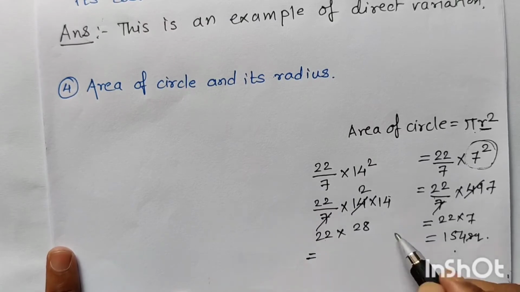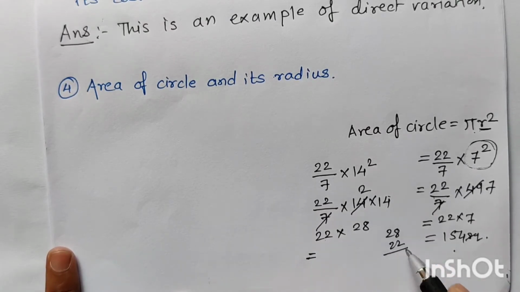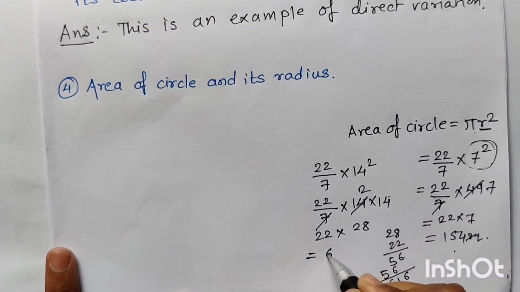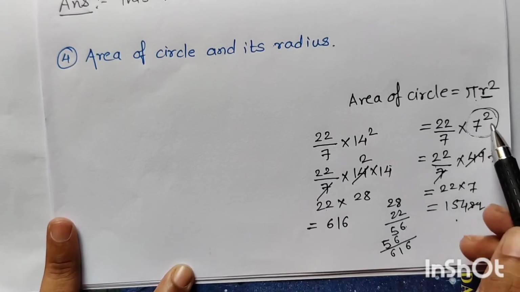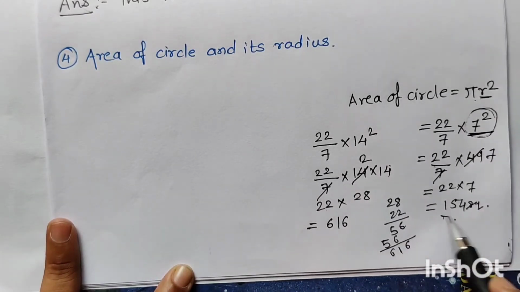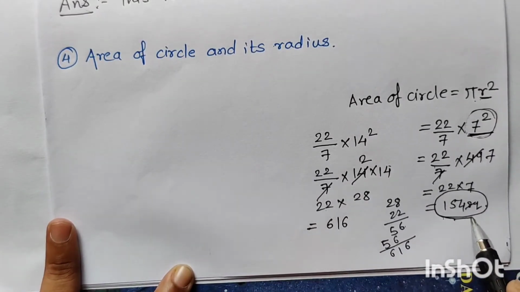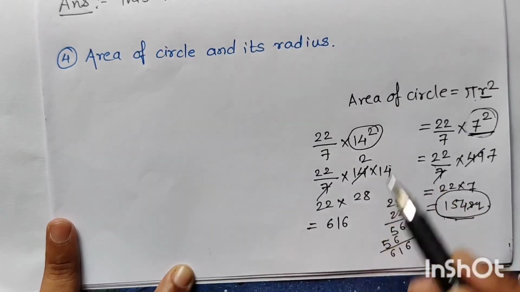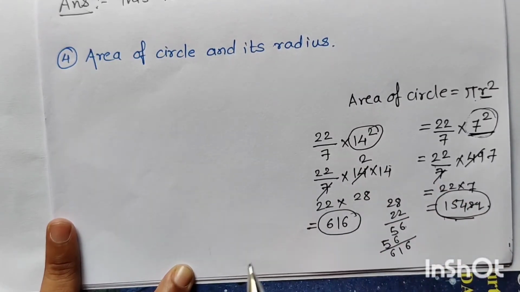Find out the answer. 28 into 22, 2 8s are 16, 2 2s are 4, plus 156, 56. So we are getting 616. Correct? So when the radius is 7, we are getting area 154. When the radius is 14, we are getting area 616.